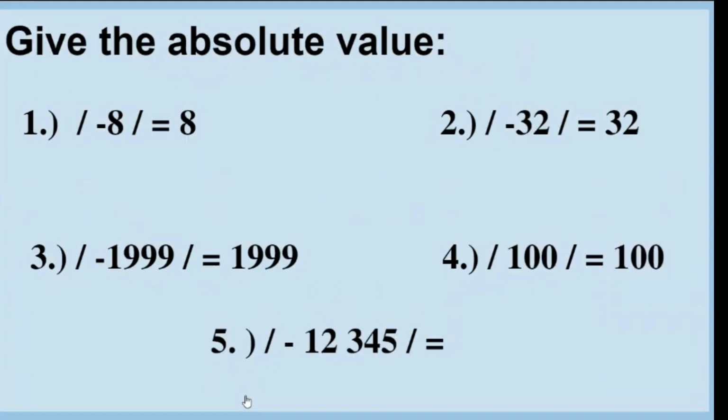Perfect! How far away is 100 from 0? It's positive 100. How about the last one? What is the absolute value of negative 12,345? And you were absolutely correct. The answer is 12,345.